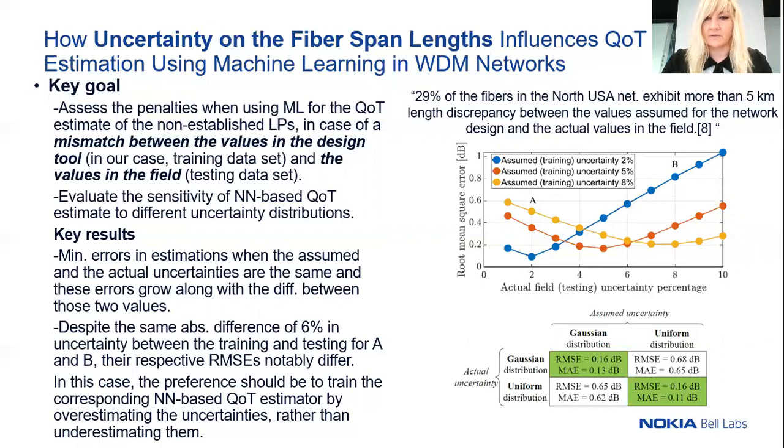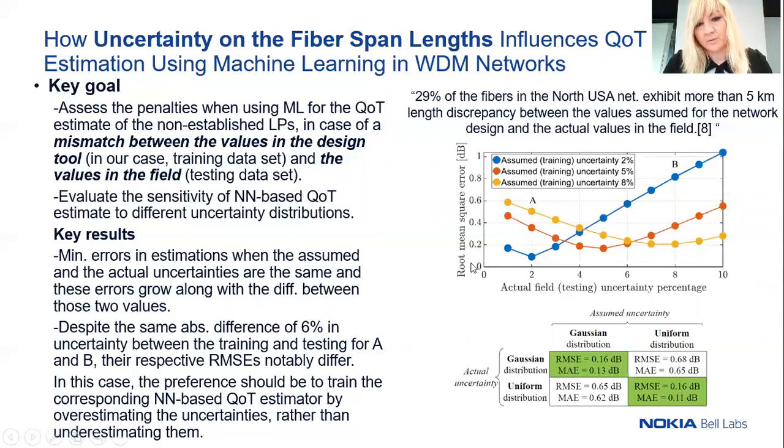What you can see here on the figure are 3 curves. This graph represents the root mean square error of the estimation as a function of the testing uncertainty percentage. The blue one corresponds to 2% of training uncertainty, the red one 5%, and the yellow one 8%.